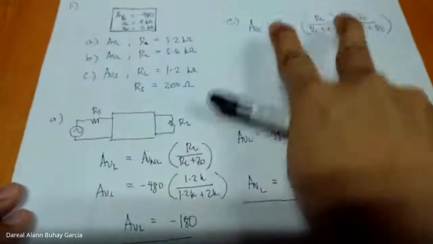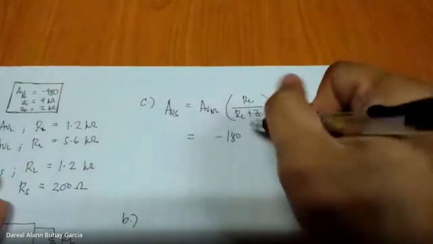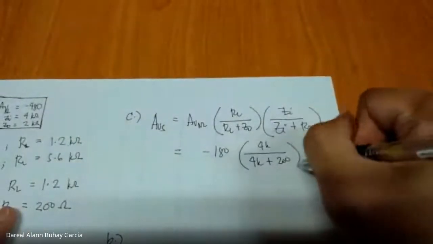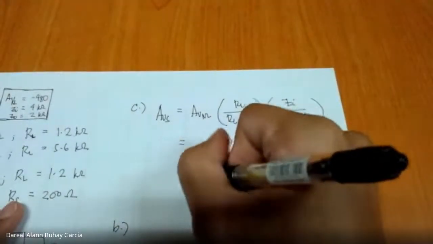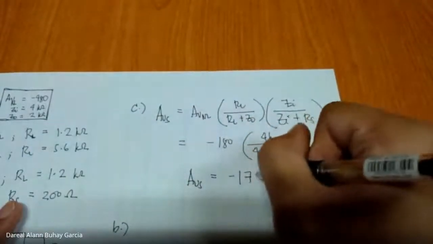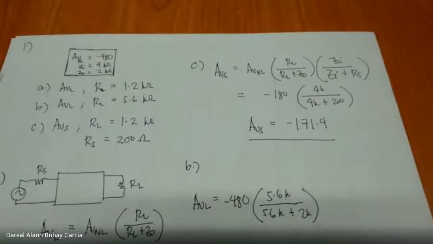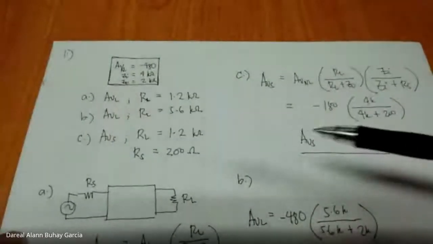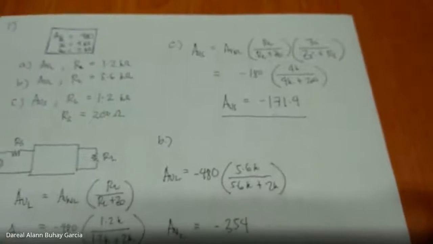The value is negative 180, which we solved earlier, times ZI, 4K given, over 4K plus RS, which is 100. That gives negative 171.4. We did not determine what the configuration of this is, so yes, it is relatively easy.